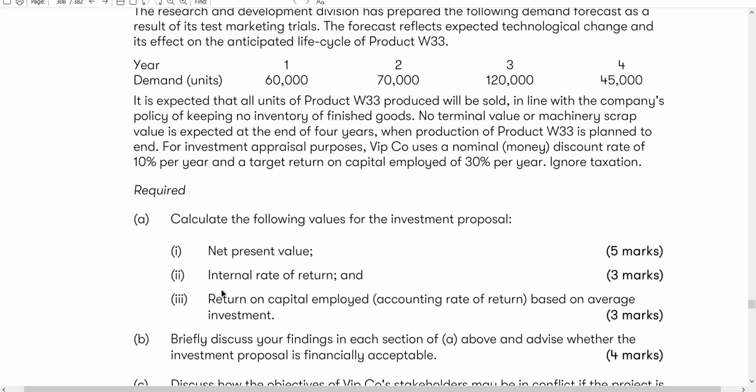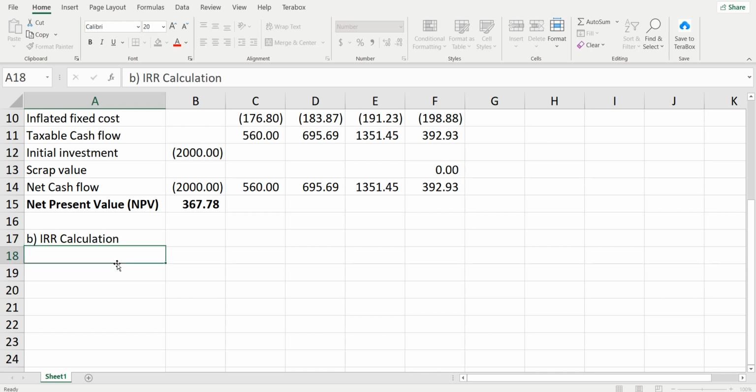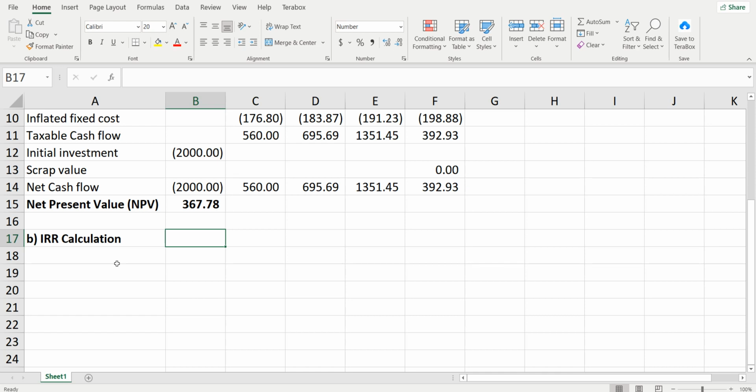Okay, now we have to do the IRR. So B, IRR calculation. There's various way of doing IRR, but to save time we can just use the formula from spreadsheet.